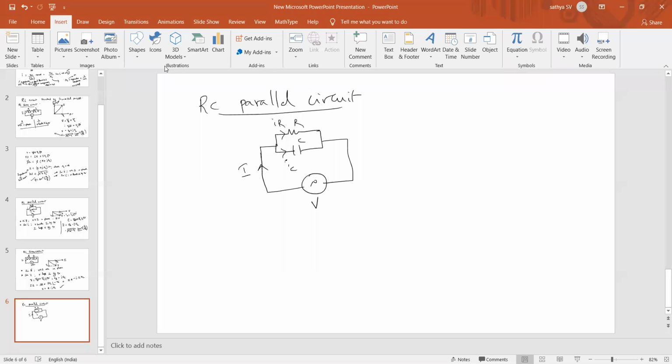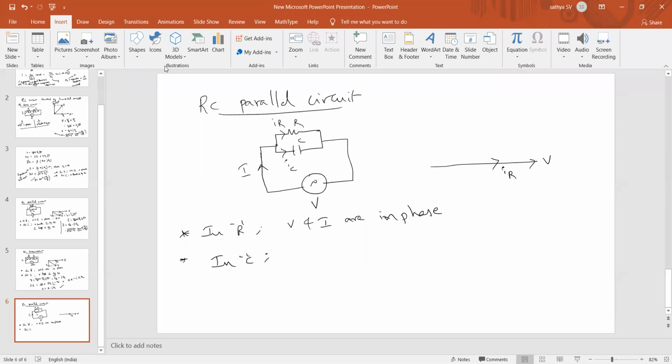So what is the reference value now? Voltage. Right, it should be the voltage. Good, very good. So our first point, in a resistor, V and I are in phase. In phase means we need to mention IR, right?